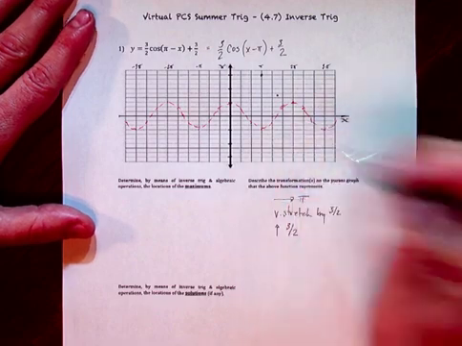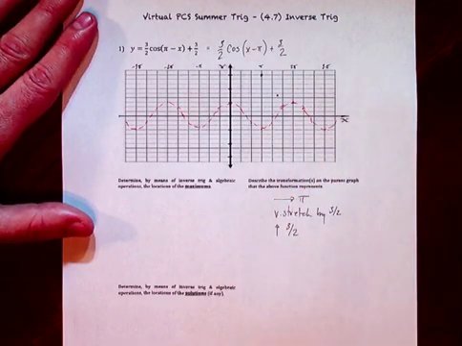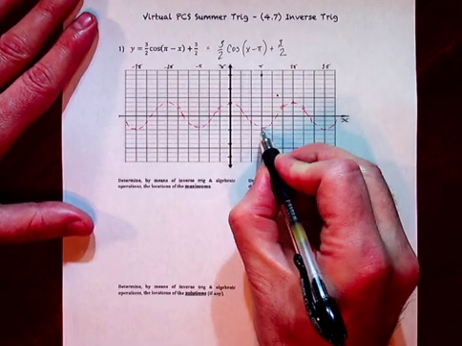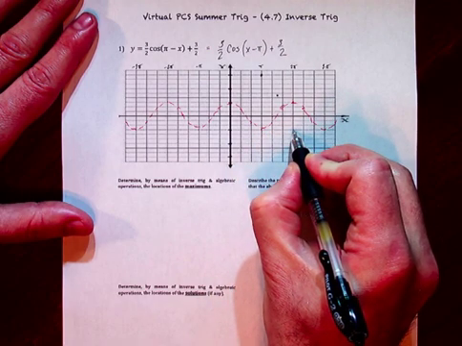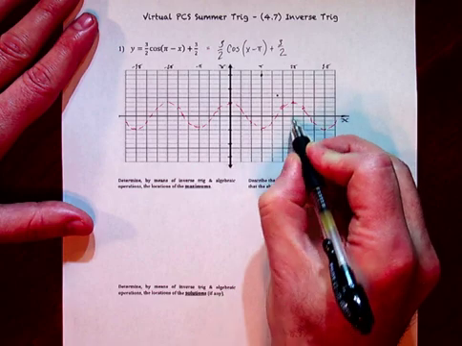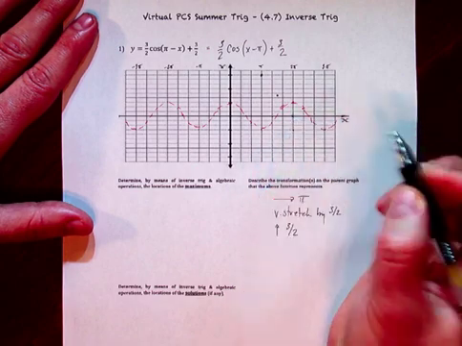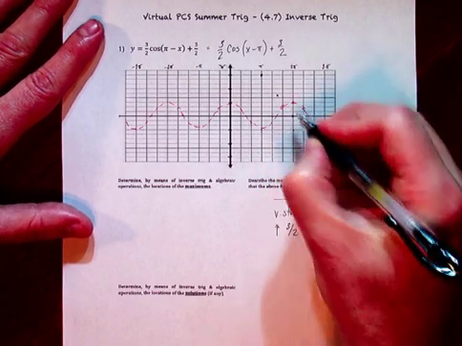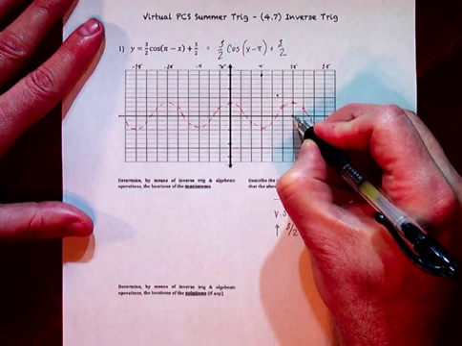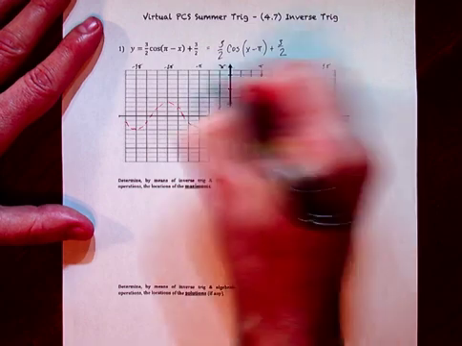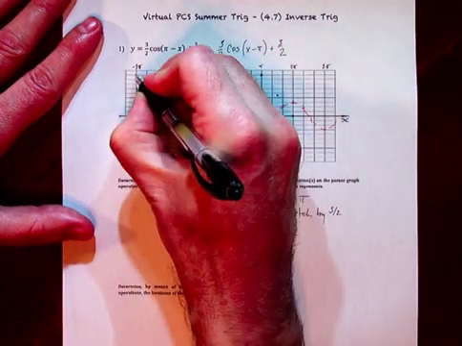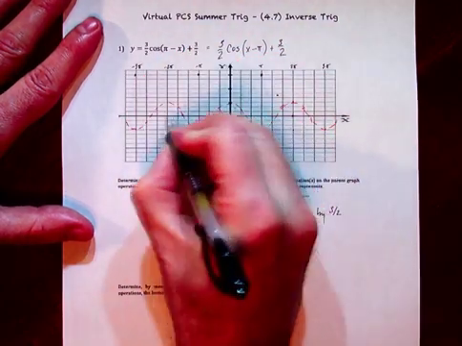So I probably could have done a better job of scaling this, but let's just continue. Let's take this point. Let's move it over pi units. Let's stretch it by 3/2, and then let's move it up 3/2, and boom, we get that point right there. Now, I also know that the period hasn't changed, so that goes there, that goes there, and this goes here.